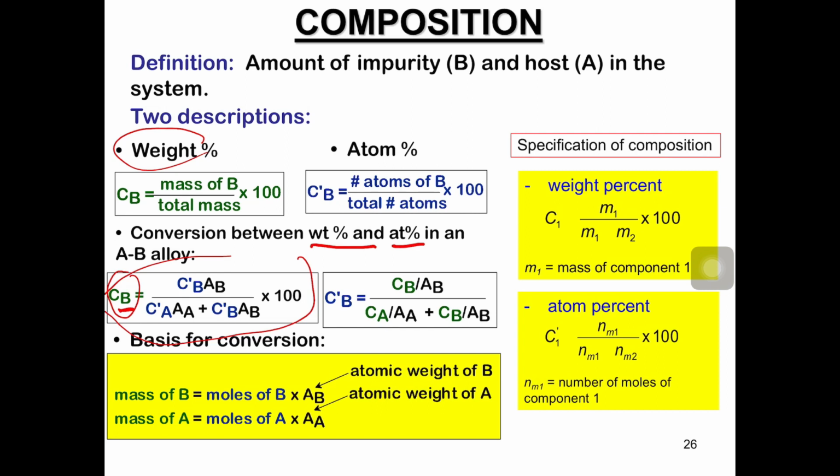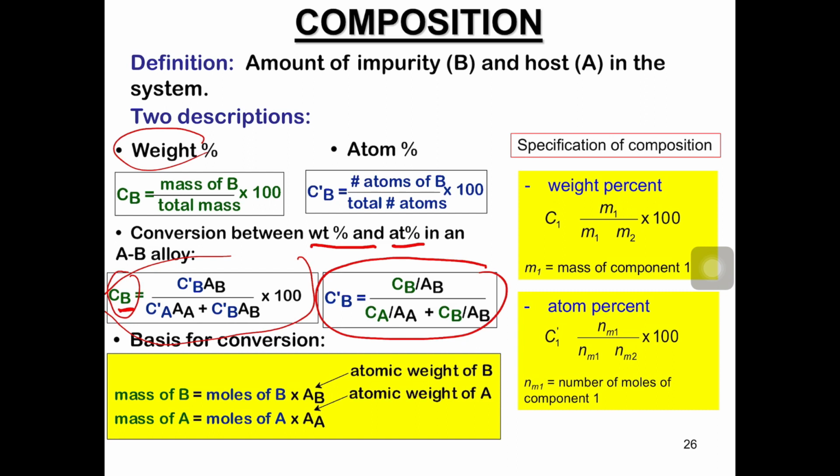In terms of atomic percentage, you use this formula for the impurity, for both weight percentage and atom percentage.